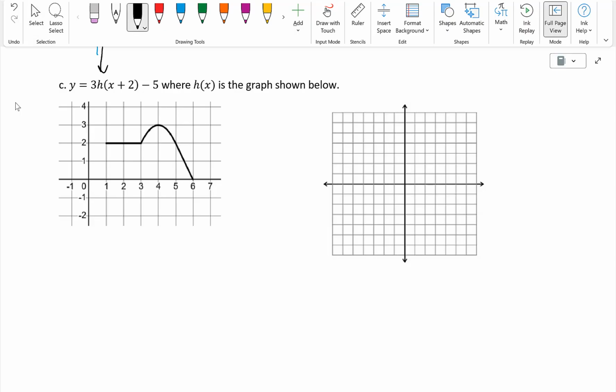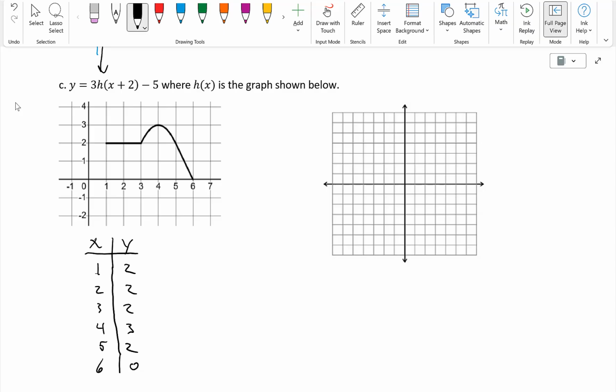So I'm going to make a table of x, y values, and we're just going to affect each one as we can see in the equation there. So we start with a point at 1, 2, and then 2, 2, 3, 2, 4, 3, 5, 2, and 6, 0.